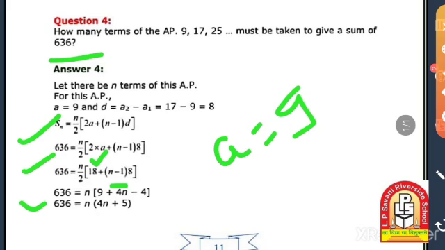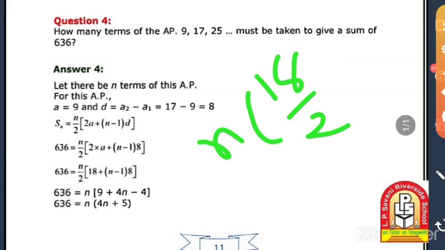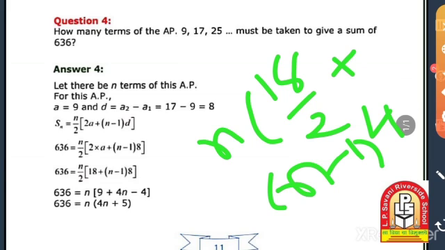636 divided by 2, but here divide both terms with the help of 2, because 2 is in the division of the whole term. So here 18 upon 2 is 9, and 8 upon 2 is 4. Here one step is cut down, so that step is n into the bracket 18 upon 2 plus n minus 1 into 4, because 8 by 2 is 4.